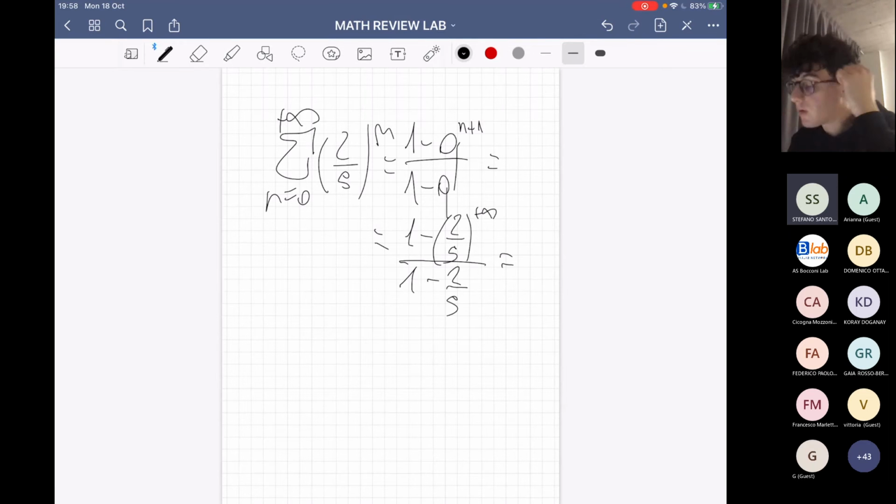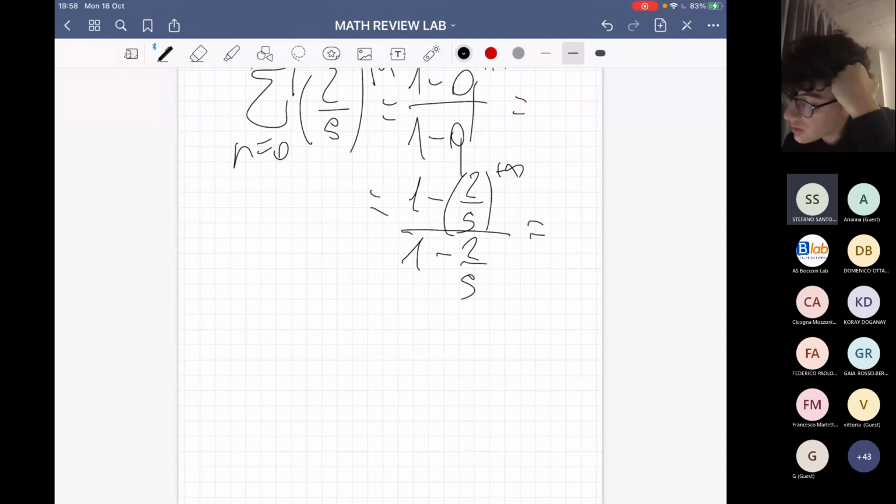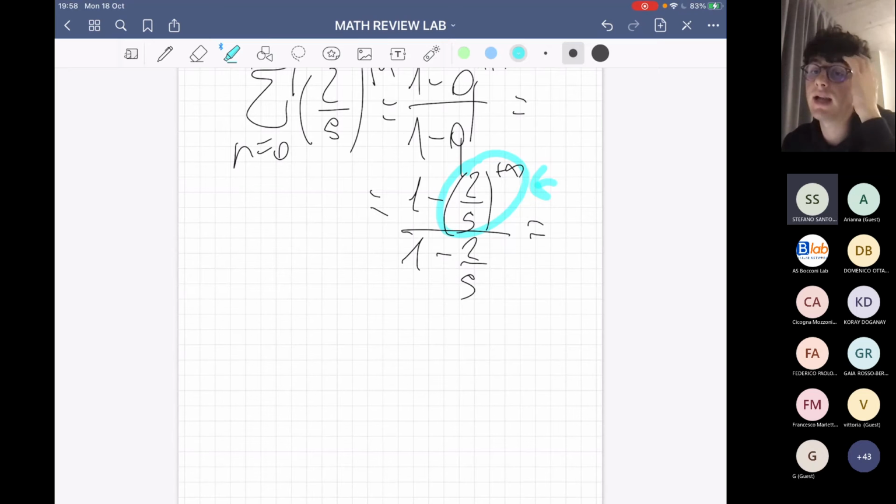Okay, but what changes here? What do we know about this number? What do you think should be the value it tends to? If a number is normally raised to the power of positive infinity, what happens? The number tends to positive infinity.